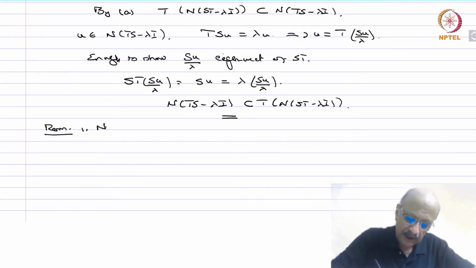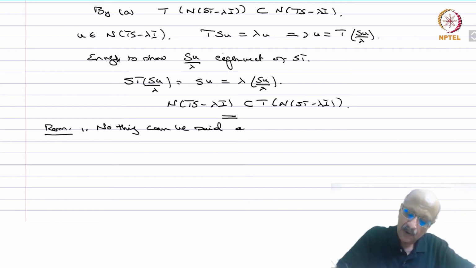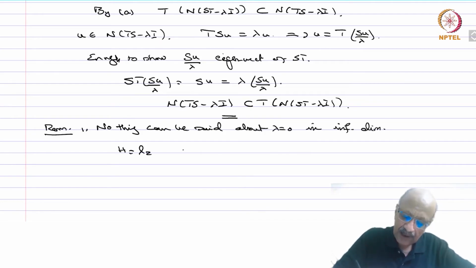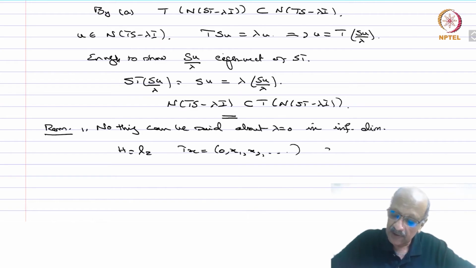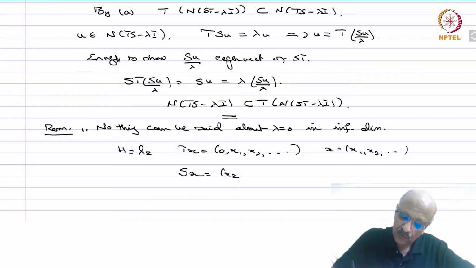Remark 1: nothing can be said about lambda equal to 0 in infinite dimensions. For instance, you take H equals little l2 and you take T of x equals (0, x1, x2 and so on). Okay, so x is (x1, x2, ...) and S of x equals (x2, x3 and so on). So both of them are bounded linear operators, we have seen this.